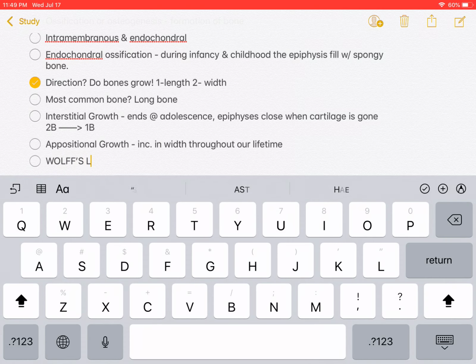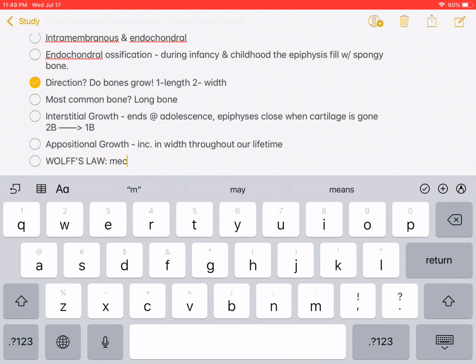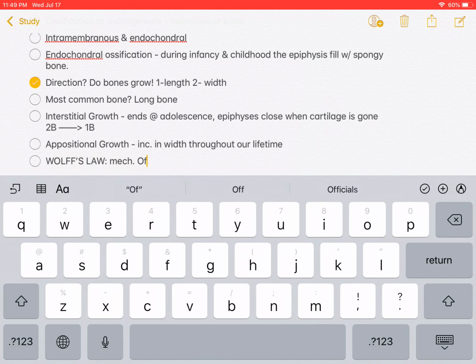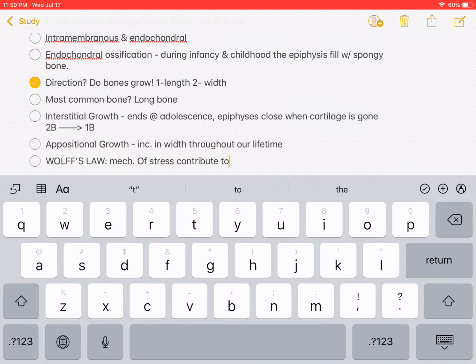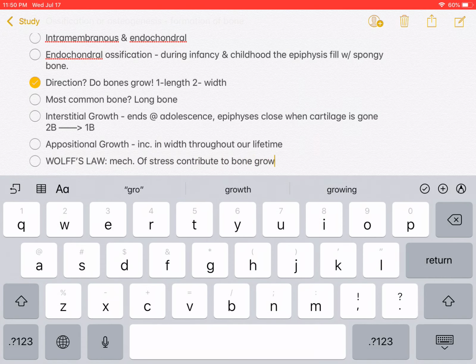Wolff's Law, super important. Please remember that mechanisms of stress, if you're jump roping, jogging, or doing exercise, actually contribute to bone growth.